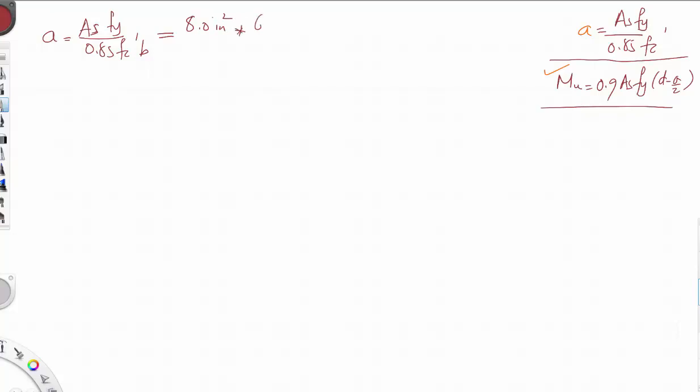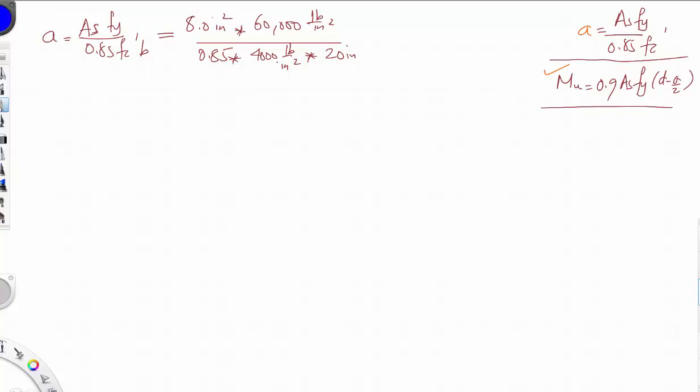Multiplied by the Fy is equal to 60,000 pound per inch square, divided by 0.85 multiplied by Fc prime, the concrete strength, which is 4,000, again pound per inch square, and b is equal to 20 inches.